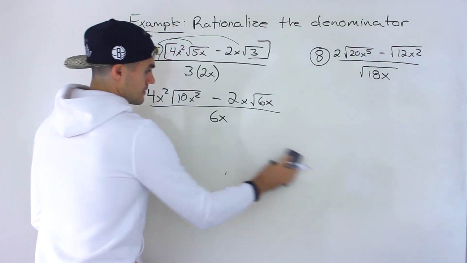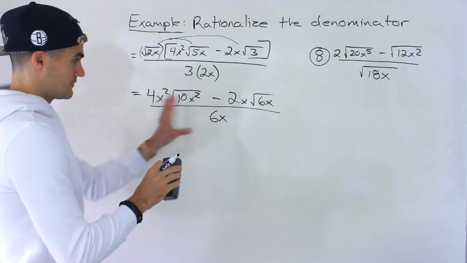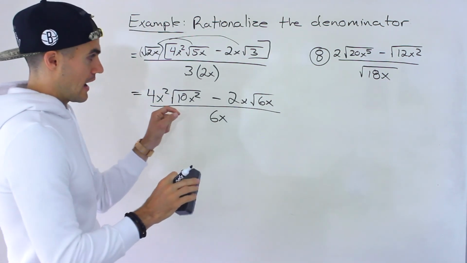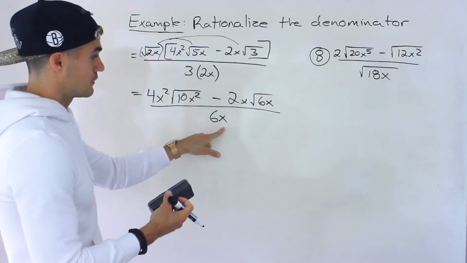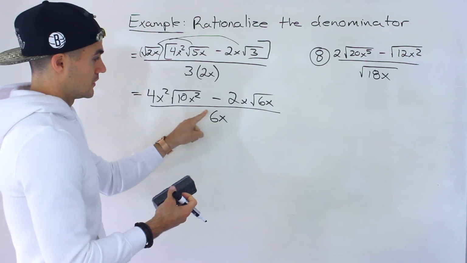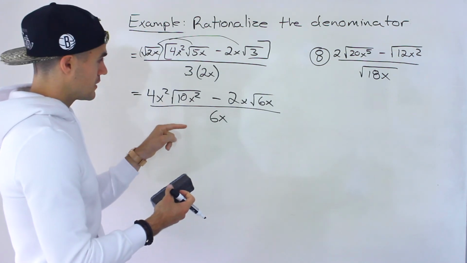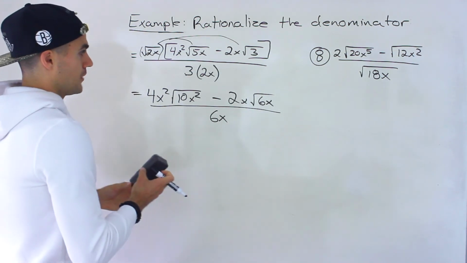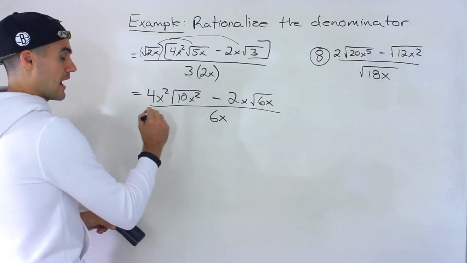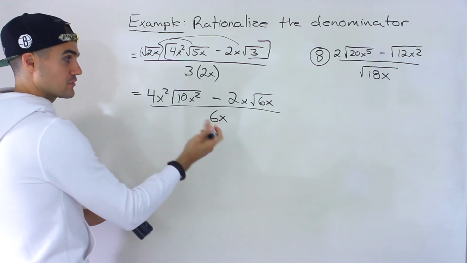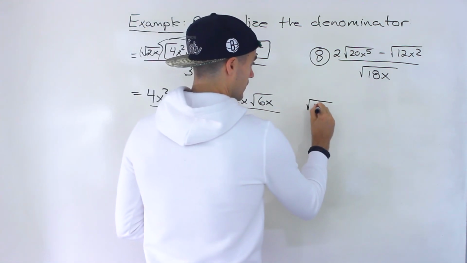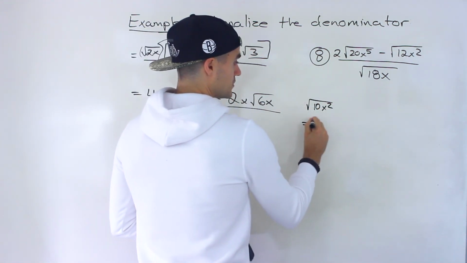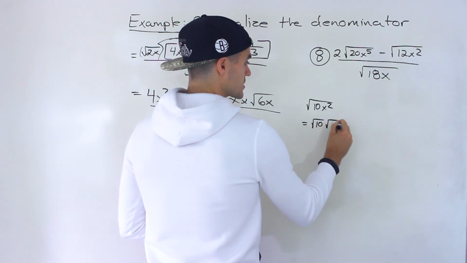Now, at this point, we're going to have to simplify this. I would look at the radicals. Notice we could factor out a 2x, and that's going to cancel out with this and simplify it. You can do that step first, but personally, at this point, I would first look at the radicals to simplify before doing that. So notice the root 10x squared, we could split that up into root 10, root x squared.